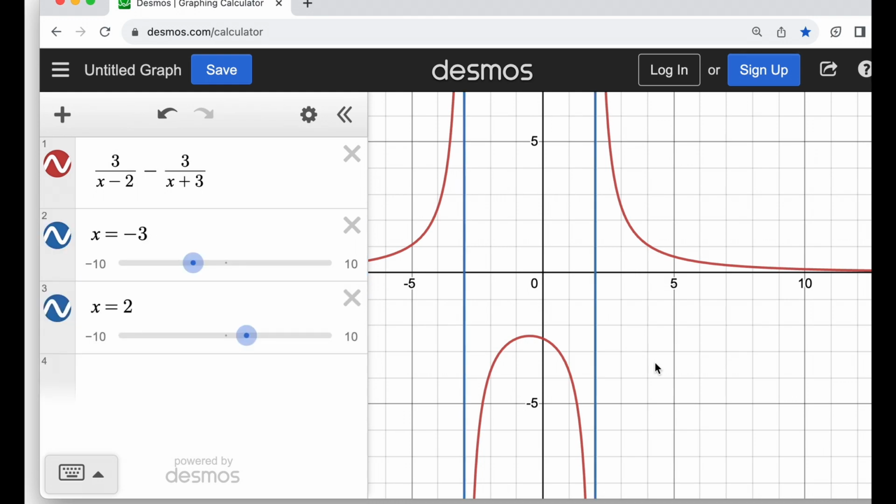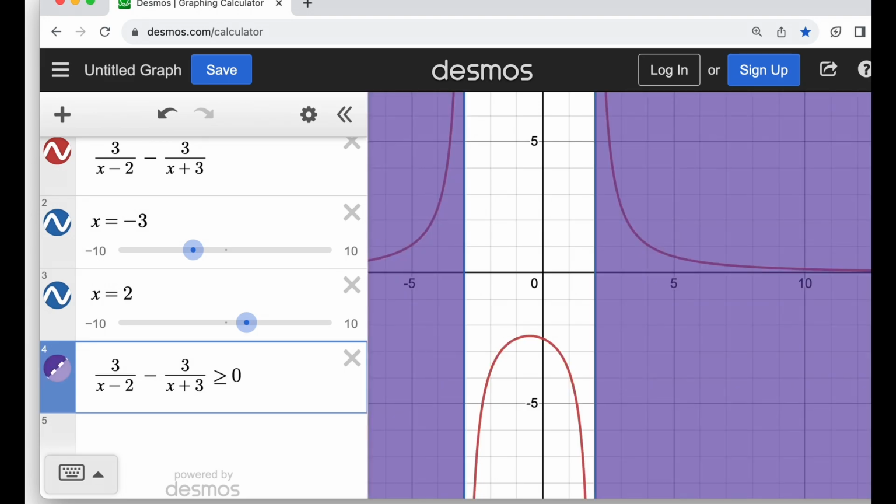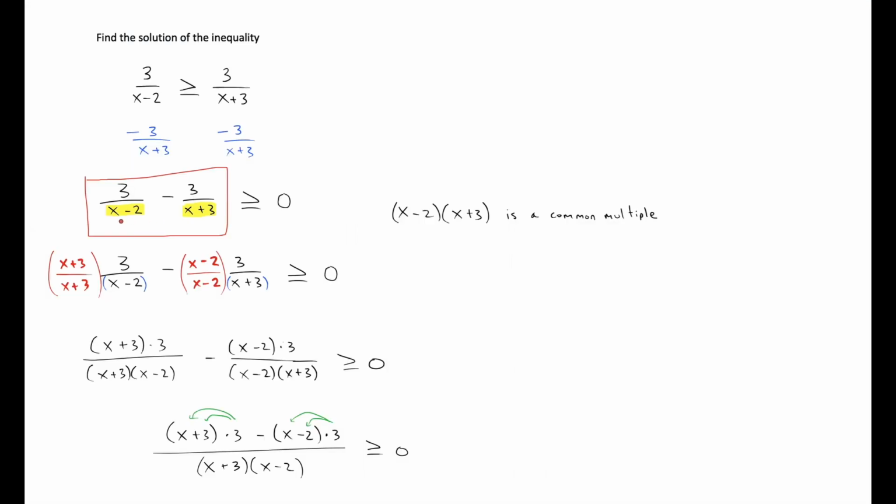Then also at x equals 2, there's another asymptote. So the regions where he's positive are going to be to the left of -3 and to the right of 2. You can't have your x be 2 or -3. They can't be part of the solution set because they're not part of the domain.